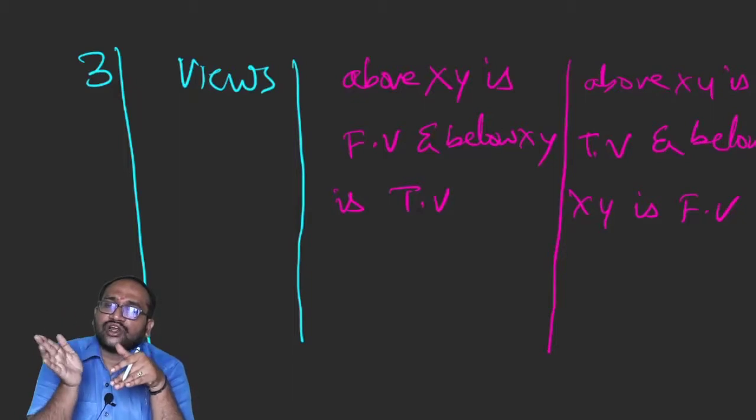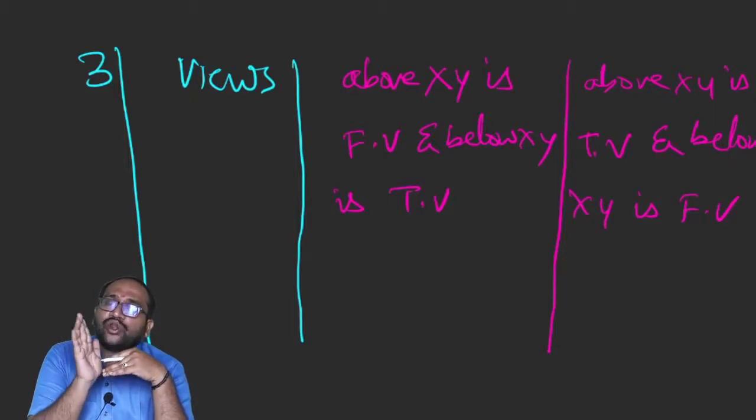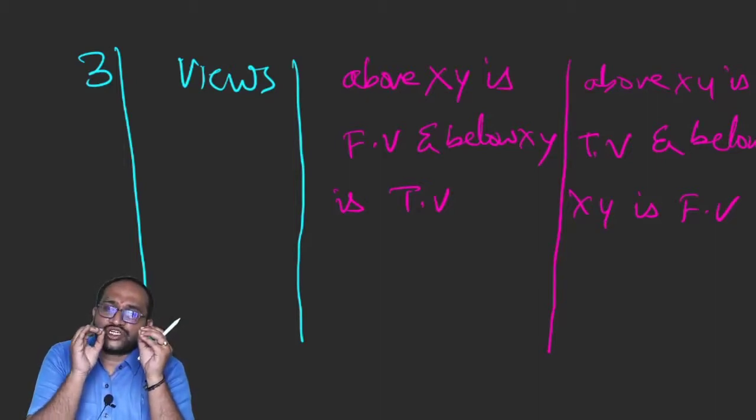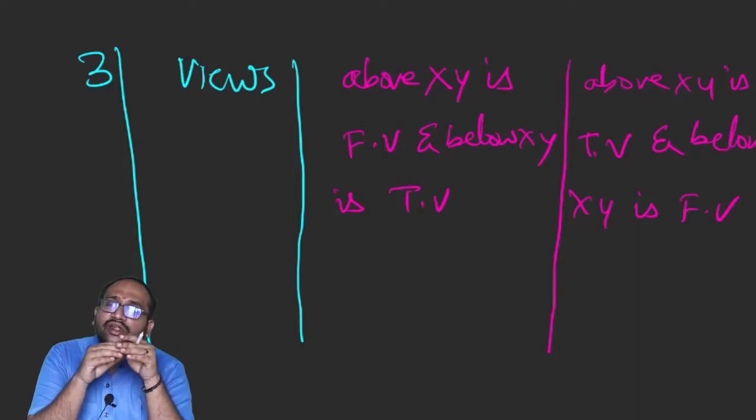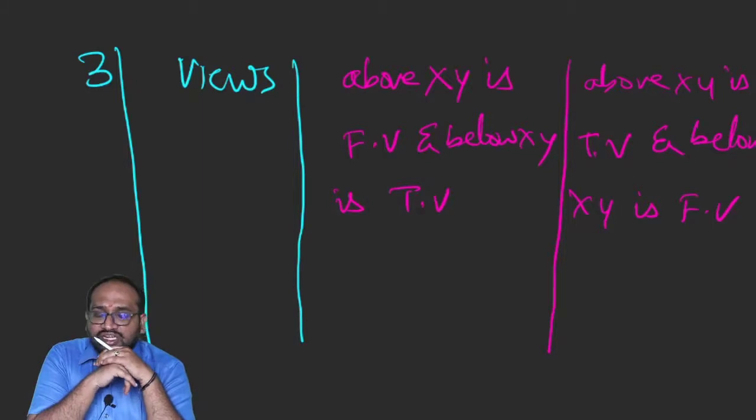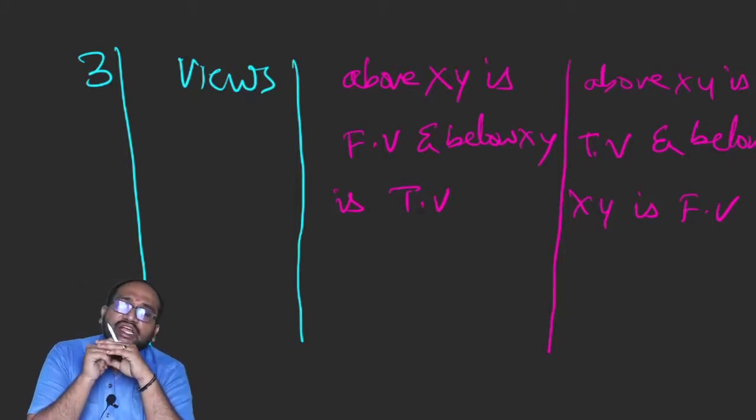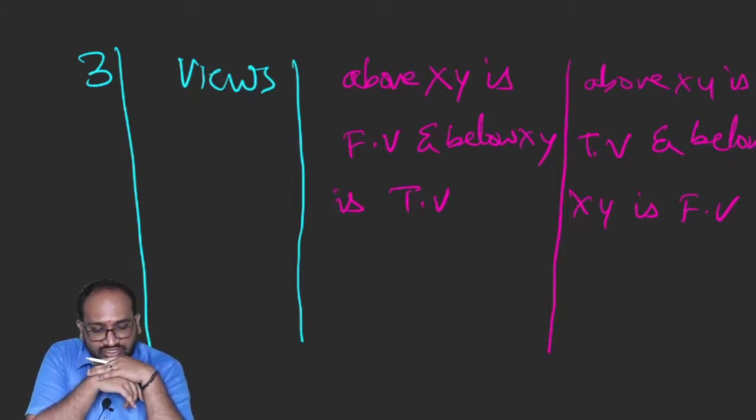Similarly, for third angle projection, above XY is the horizontal plane, below XY is the vertical plane. In every case, all front views are projected on the vertical plane and all top views are projected on the horizontal plane. So these are the main differences between first angle projection and third angle projection.